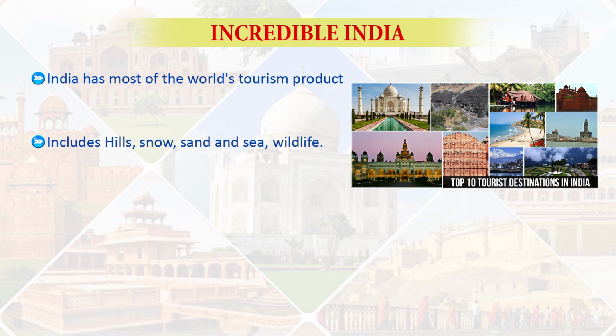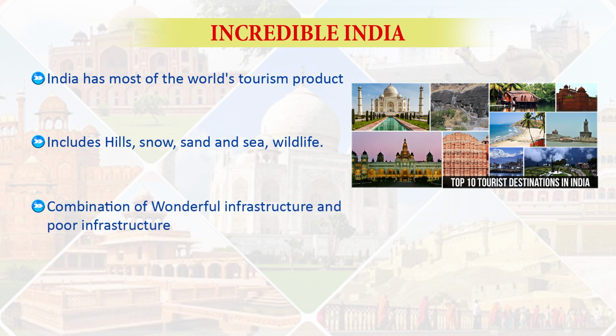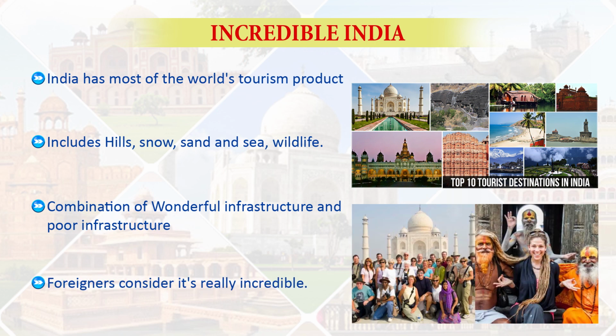Be it hill, snow, sand, sea, wildlife, you name any product, you will find it available in India. We have wonderful infrastructure, but at the same time there is poor infrastructure also. So when a foreigner comes, he realizes that India is really incredible.